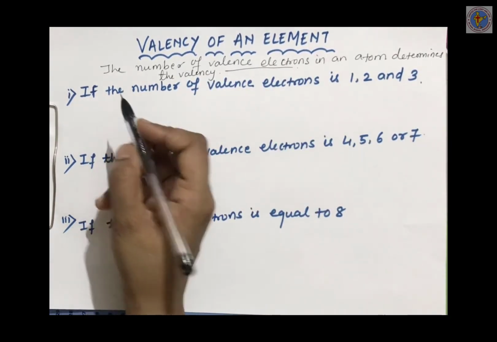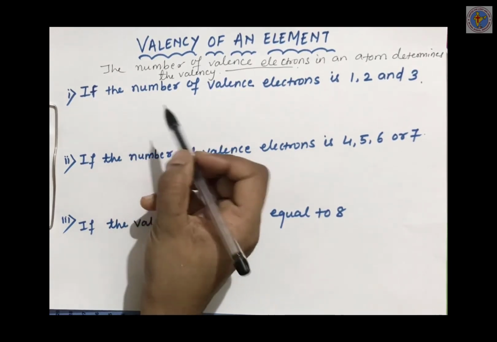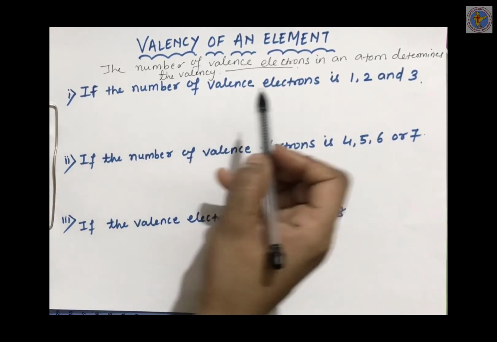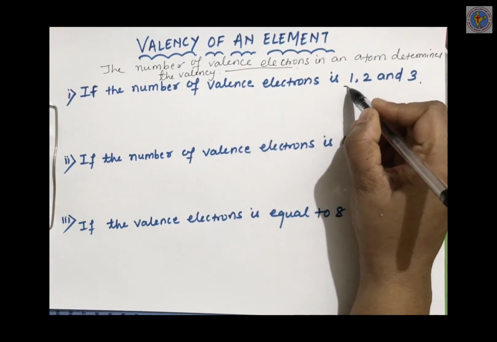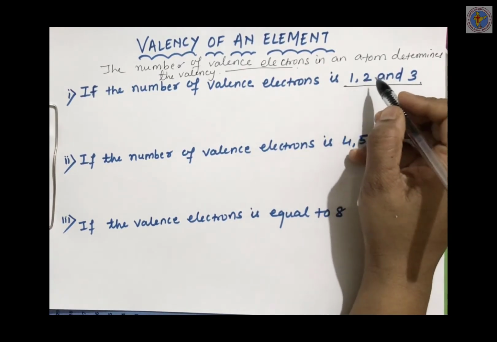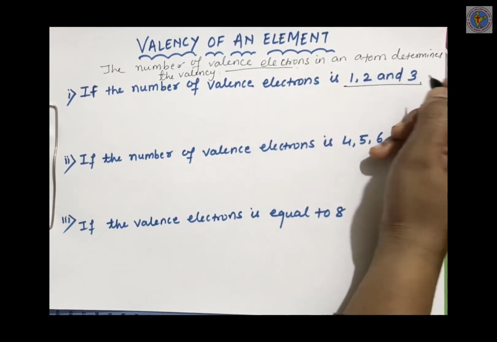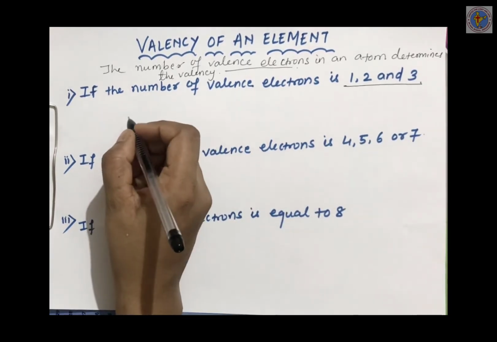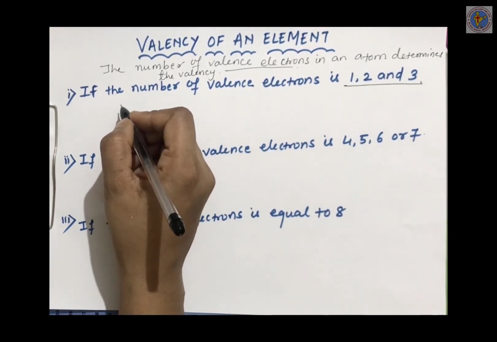Here we need to follow certain rules in order to find the valency. If the number of valence electrons is 1, 2 or 3, then how can we find the valency?